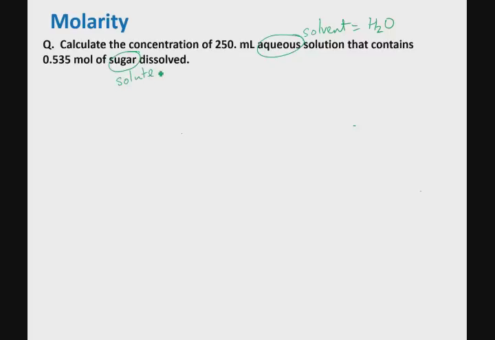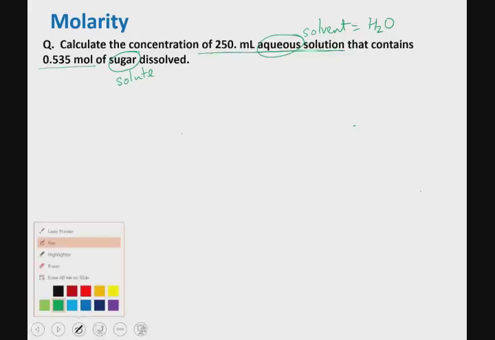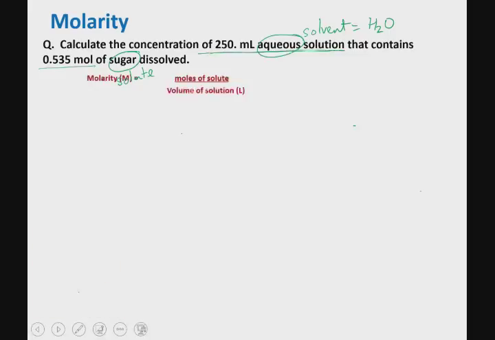We know the number of moles of sugar, the solute, that are being dissolved, and we also know the total volume of the solution in which water is the solvent. So in order to calculate molarity, please remember, is equal to moles of solute divided by liters of solution. It's not liters of solvent. Please remember that. So the solute is sugar, the solvent is water, the solution, of course, is the physical combination of both of them.